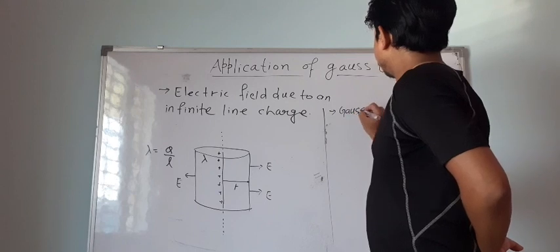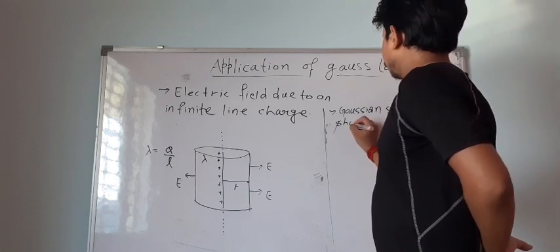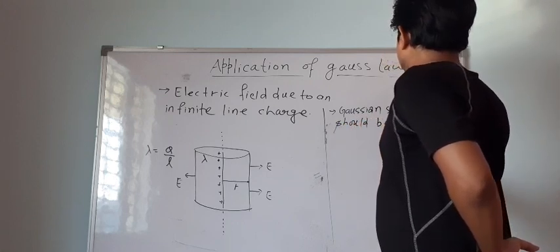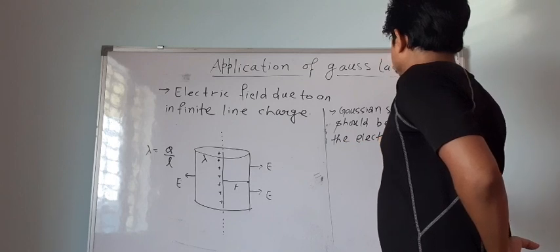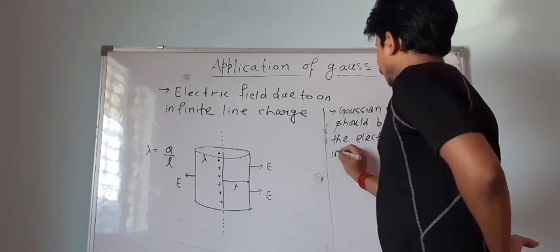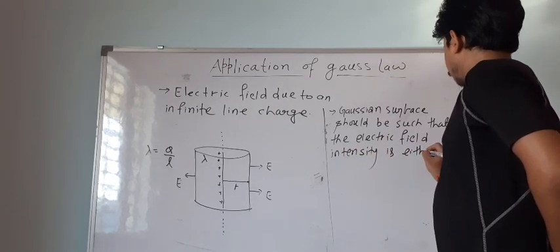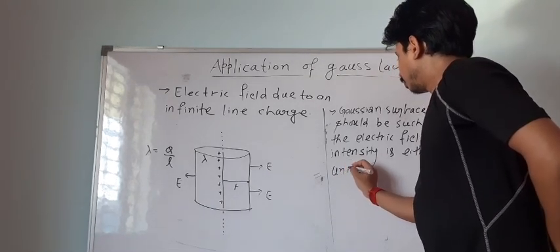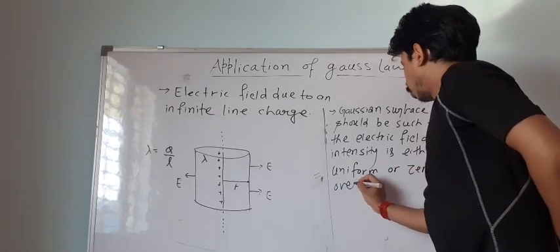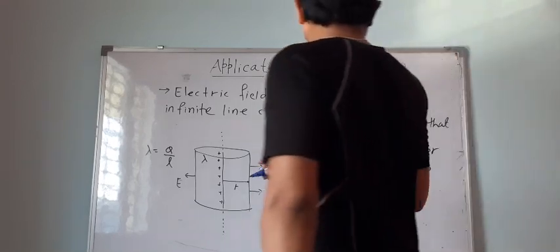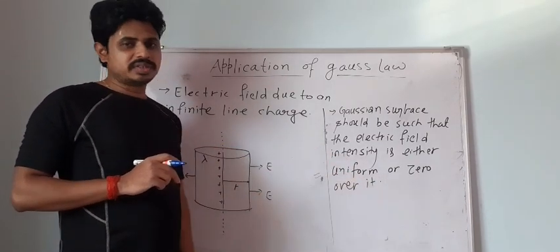Gaussian surface should be such that the electric field intensity is either uniform or zero over it.